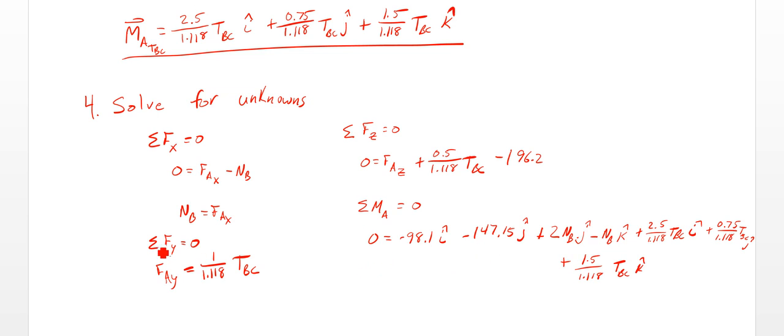And back here we had NB equals FAX, so I'm going to substitute that in here to reduce the number of unknowns in this equation.